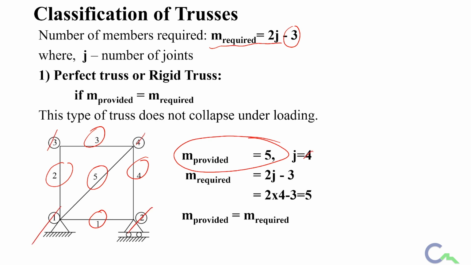By using that, I can calculate the number of members required, that is 5. 2j minus 3 is equal to 5. So the number of members provided is equal to the number of members required. Then I can say this type of truss is a perfect truss or rigid truss.